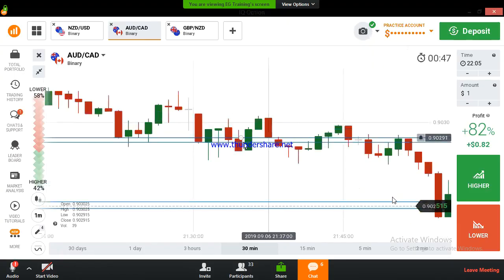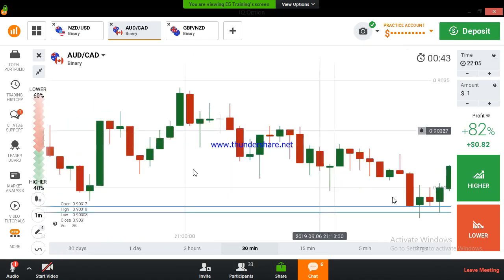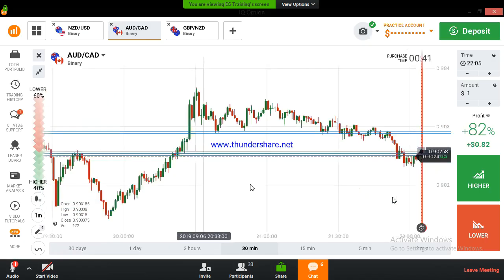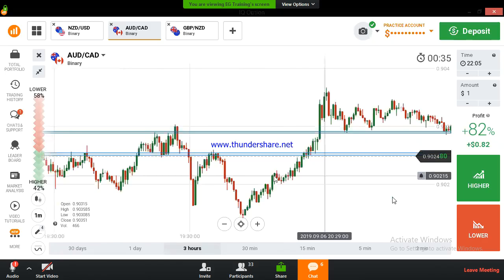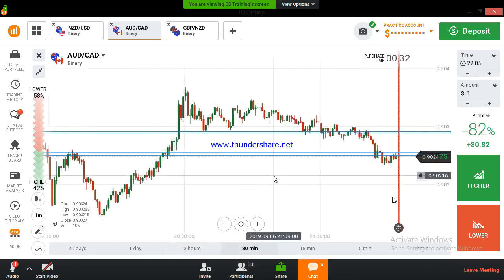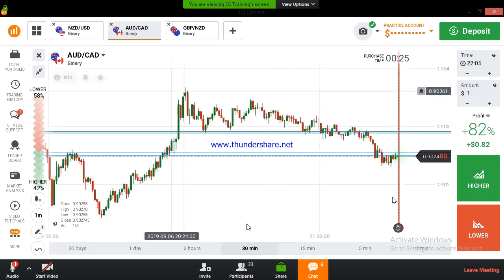Here you failed, success. Here also a good winning ratio. Here also. When the market closed below the level, you can place your trade directly. But if you place your trade with confirmation, it will give you a good winning ratio, because these are the confirmation candles. And I will show you an example here.